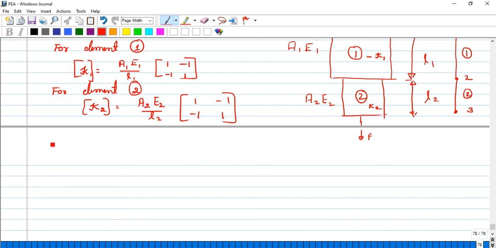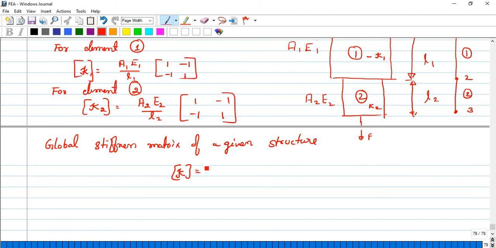So let me represent the global stiffness matrix of a given structure or a given continuum, that is given by K is equal to K1 plus K2. For that we shall take down the nodes.